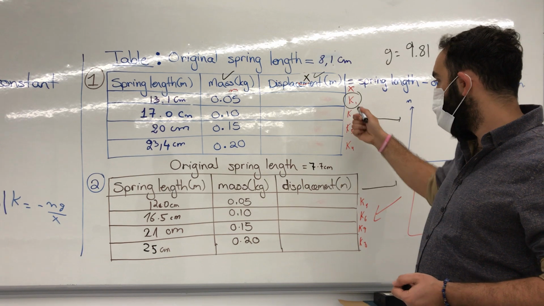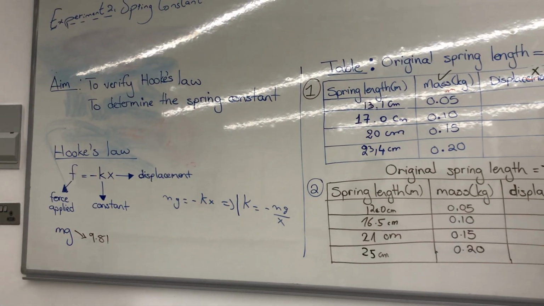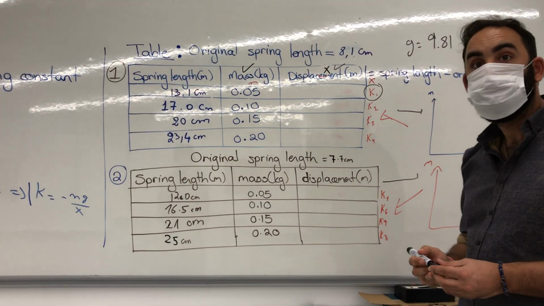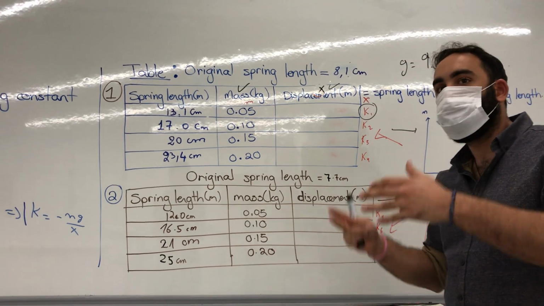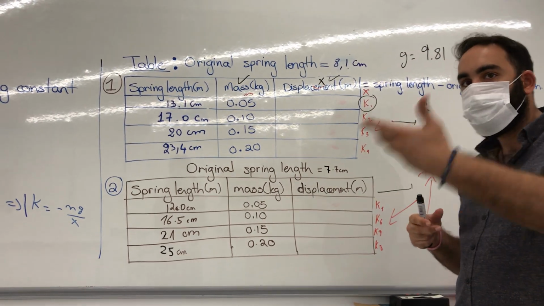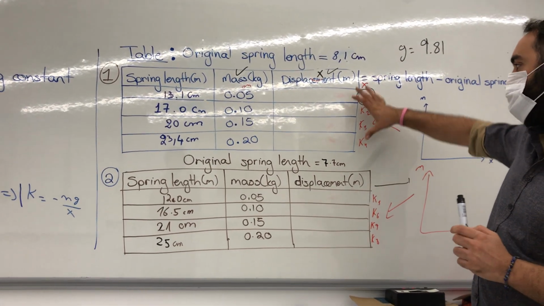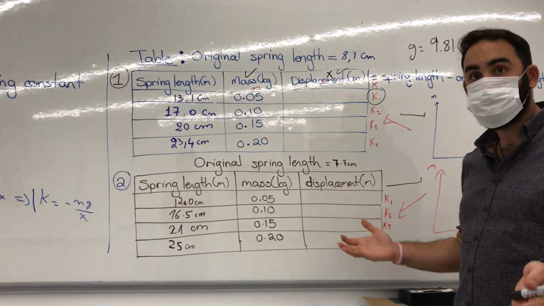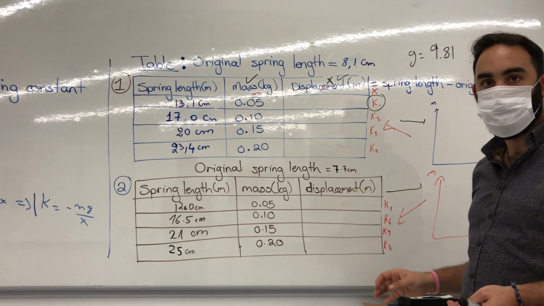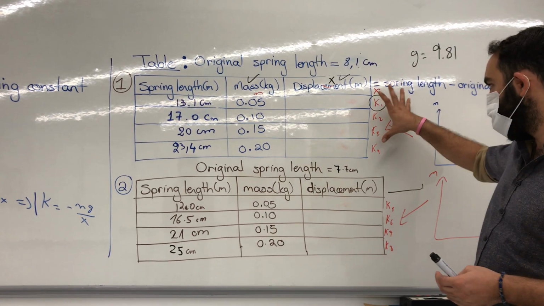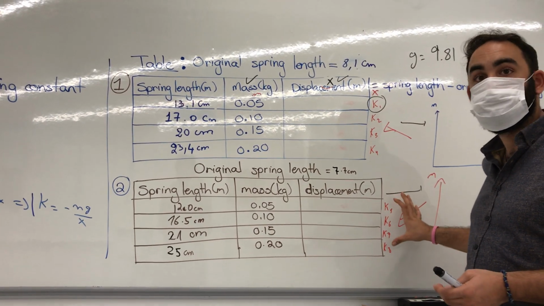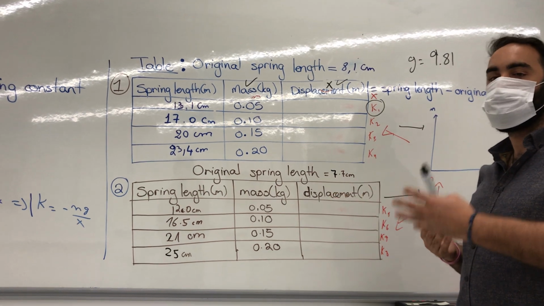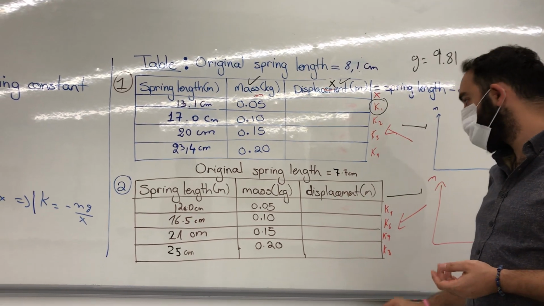So you will have K1, K2, K3, K4, K5, K6, K7, K8. So you will have in your calculation 8 Ks. What do we expect? We expect that for the first table, the Ks to be very similar. For the second table, the Ks to be very similar because these are 2 different spring constants. And we expect that these Ks are different from these Ks. We expect that. But you will see from your calculations and from your report.